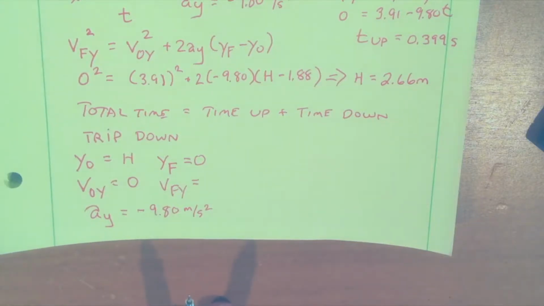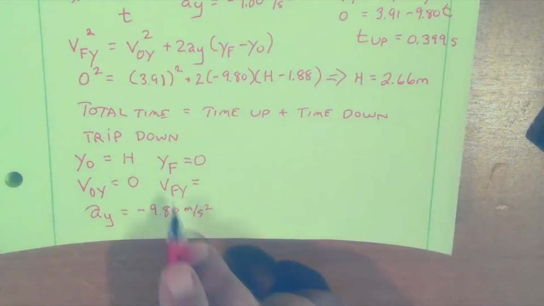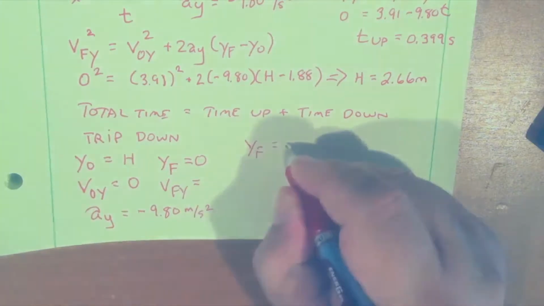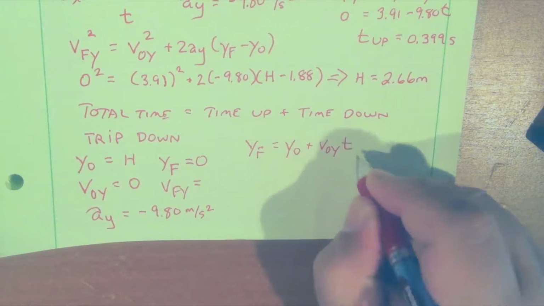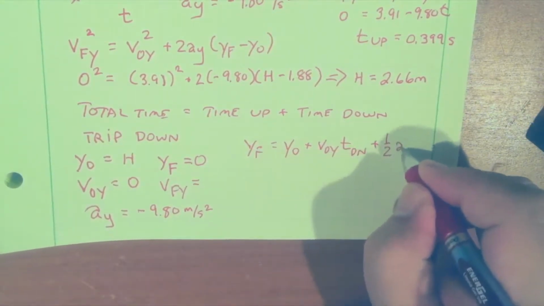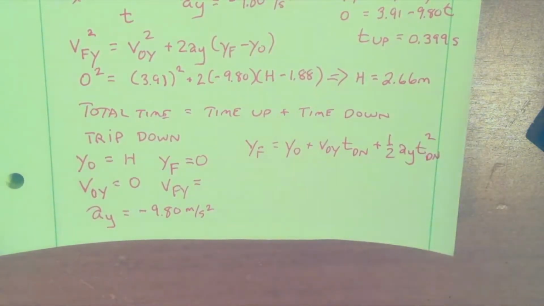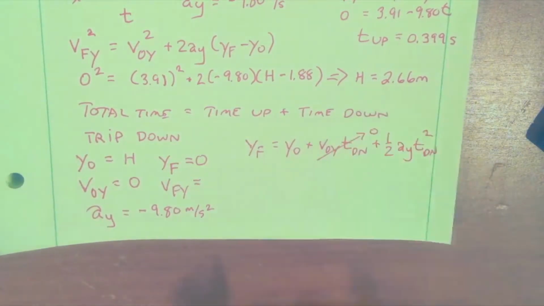And if we want to find the time, well, since we don't know the final velocity, we turn to the second kinematics equation. Once again, we write it for the y direction using only y quantities. This equation simplifies quickly because v naught y is 0, so this part here drops out.